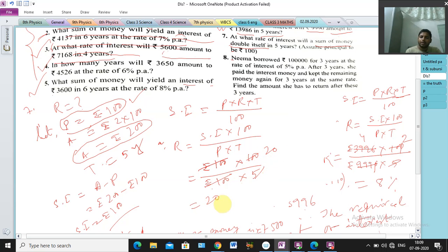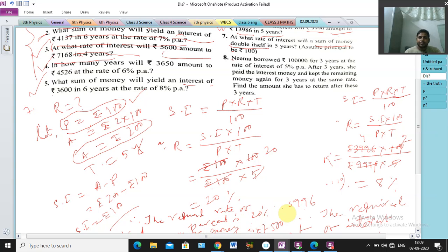That means 20% we are getting rate of interest. Clear or not? Clear? So therefore the required rate of percent is 20%. Clear, sir? Clear?